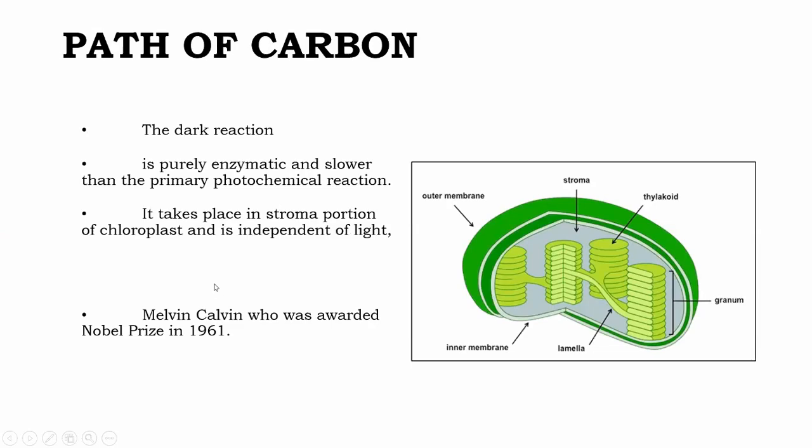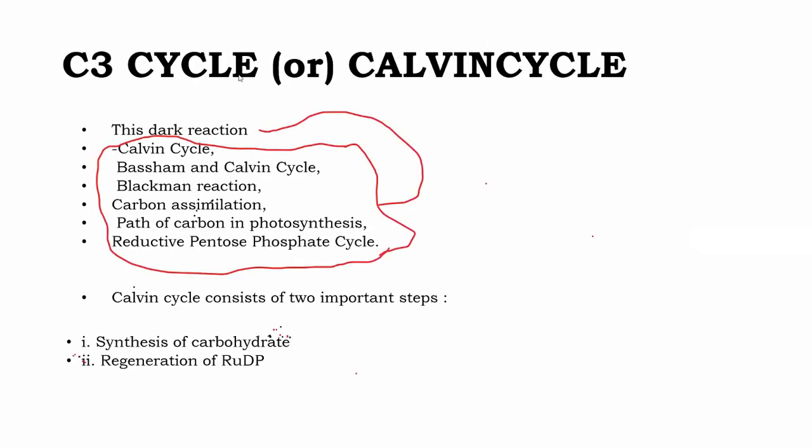Now, the dark reaction, I have already told you, is the Calvin reaction. The Calvin cycle can be called by all these names: Calvin cycle, Calvin-Benson cycle, Blackman reaction, carbon assimilation, path of carbon in photosynthesis, reductive pentose phosphate cycle.